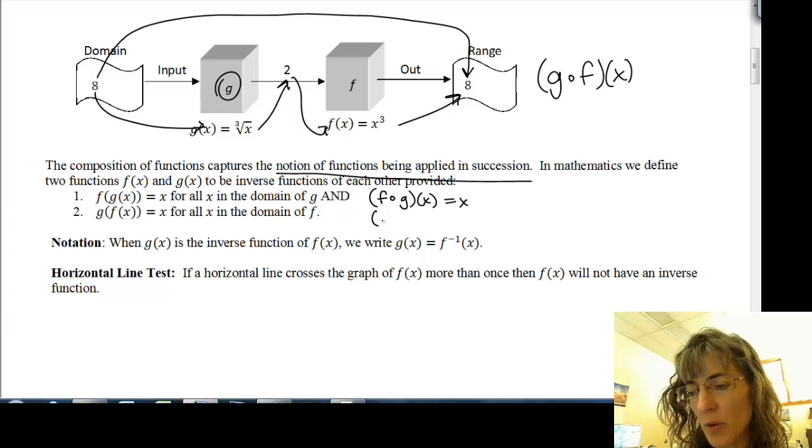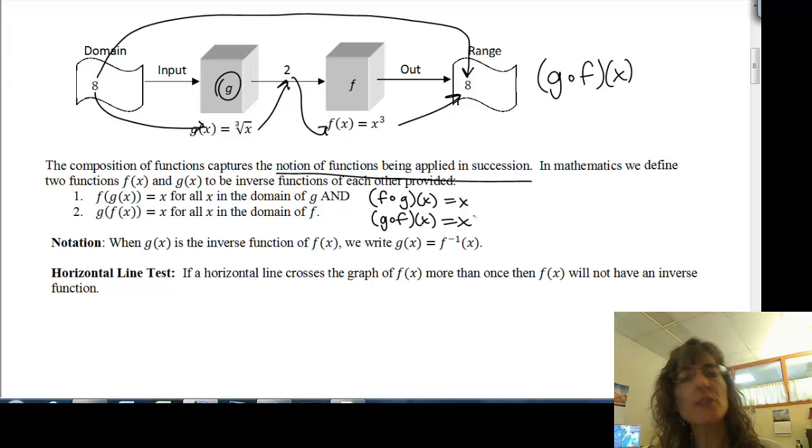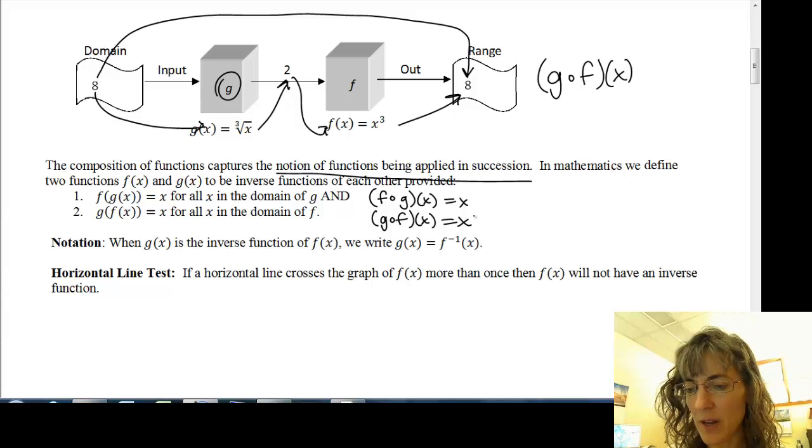And the same thing in the other order. So if we do g of f of x, we expect whatever we stuck in initially to be what our output is as well. So that's the formal way to write that. Then in terms of notation, if g of x is the inverse of f of x, and we talked about this last time, we could also call g of x f inverse of x.